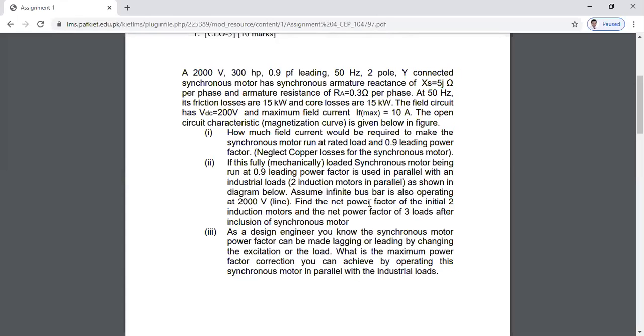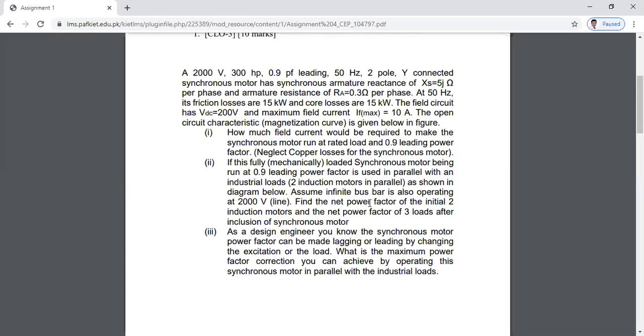Okay, so you can see how much is the best power factor correction that you can get by changing the operating point of the synchronous motor, like by reducing the load or increasing the load or making it over excited or under excited.